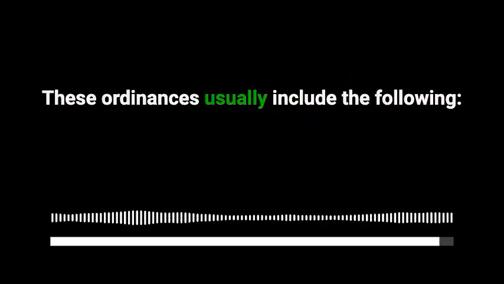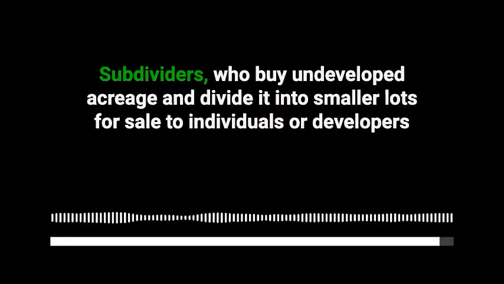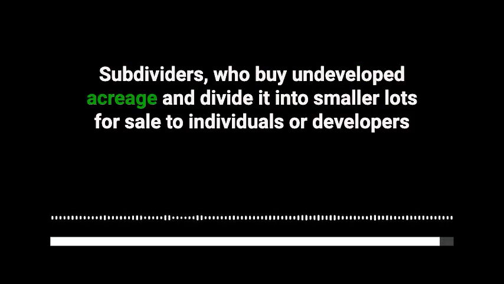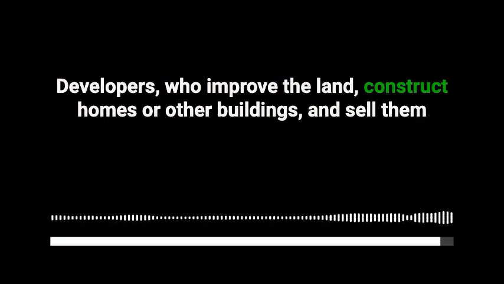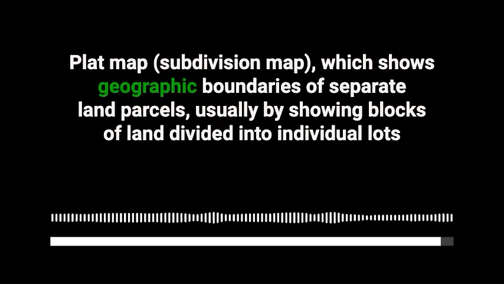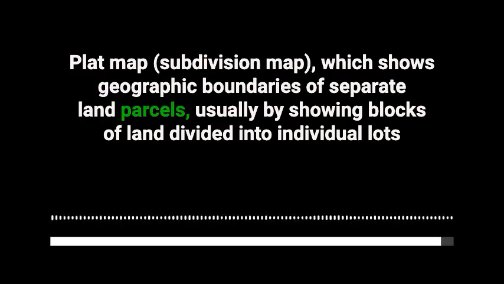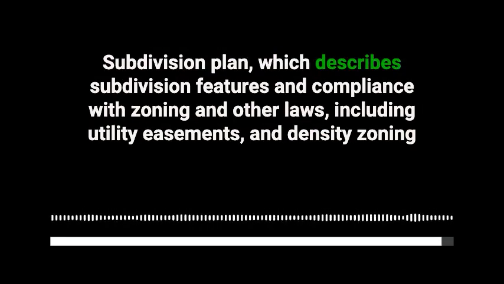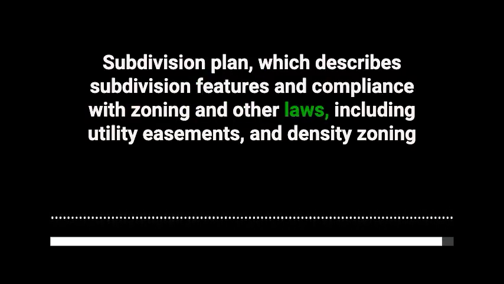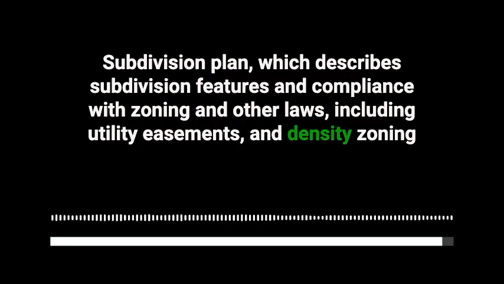These ordinances usually include the following: subdividers, who buy undeveloped acreage and divide it into smaller lots for sale to individuals or developers; developers, who improve the land, construct homes or other buildings, and sell them; a plat map, which shows geographic boundaries of separate land parcels, usually by showing blocks of land divided into individual lots; and a subdivision plan, which describes subdivision features and compliance with zoning and other laws, including utility easements and density zoning.